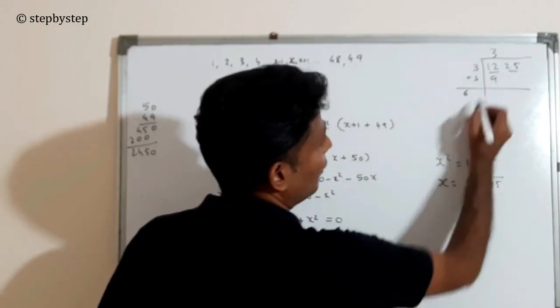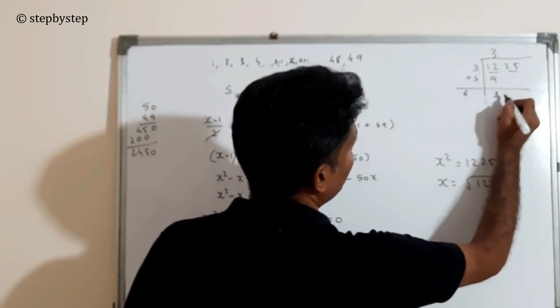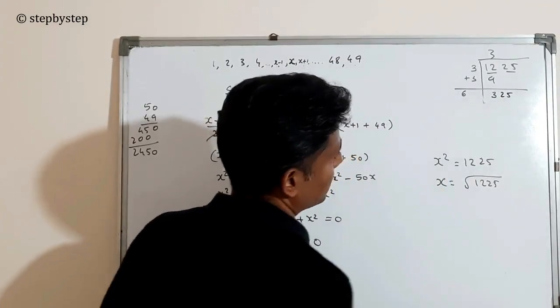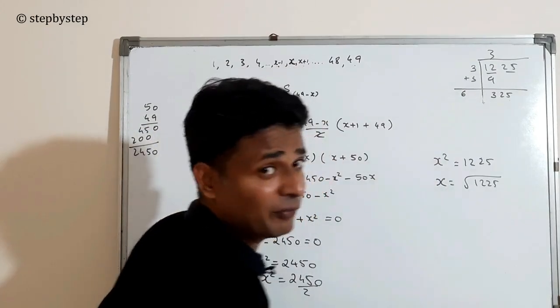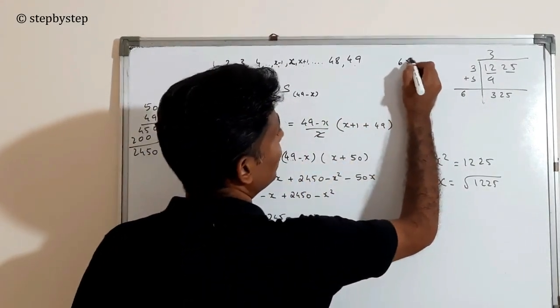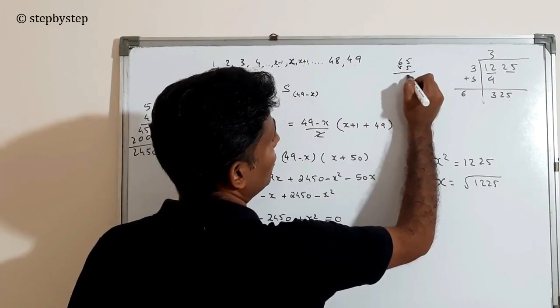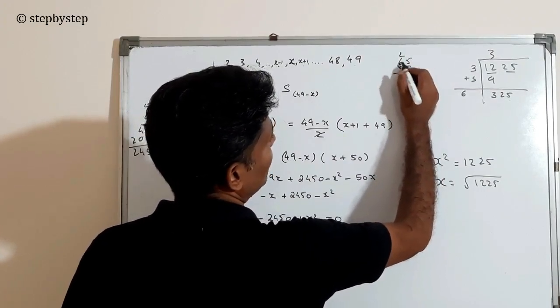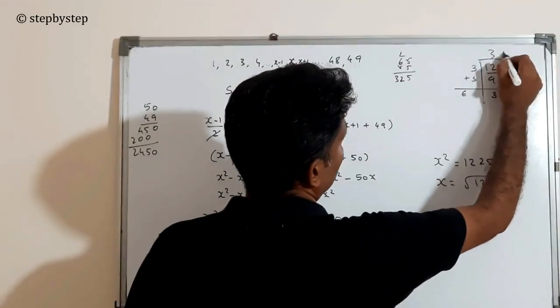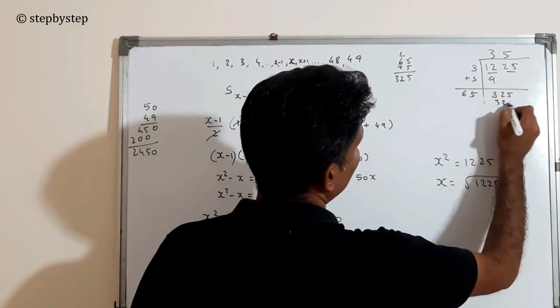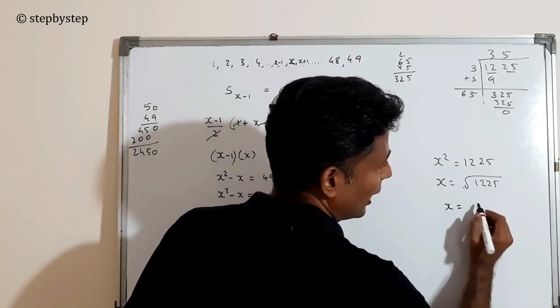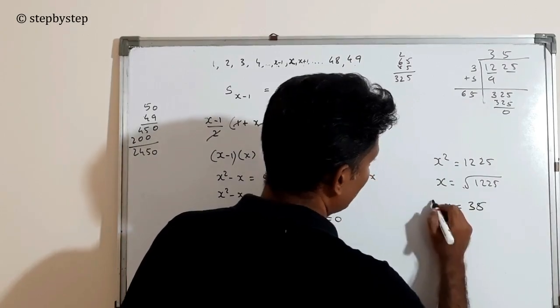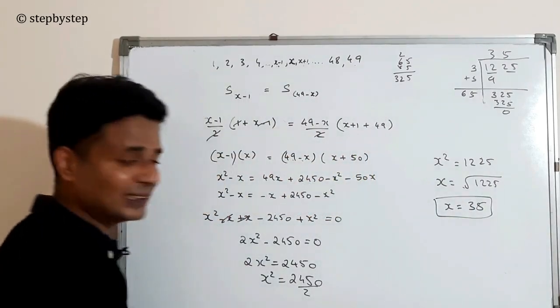I'll write it slightly on the left-hand side. 12 minus 9, 3, 25. Now since it's ending with 5, I'll try 65 into 5. So 65 into 5, 5 5s are 25, 6 5s are 30 plus 2, 325. So I get 325. So the square root of 1225 is 35. So the answer is 35.